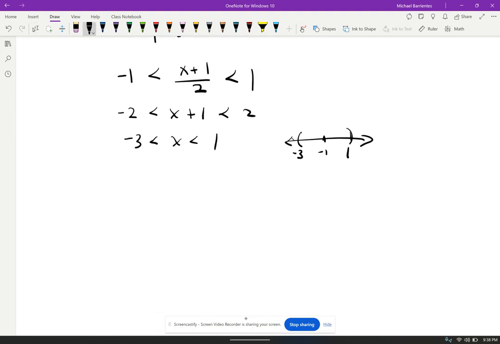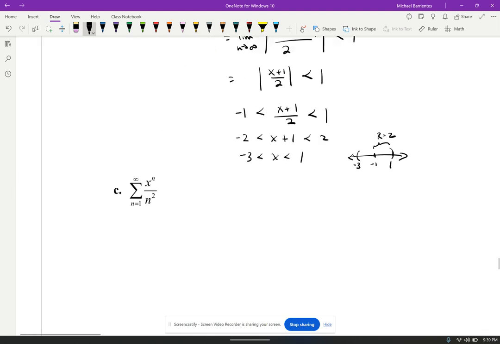Not only that, the distance between the center and one of the endpoints, whether it's this way or that way, is 2. So my radius of convergence is 2 when my center is -1. That's how I figure out how far I can go on this x-value number line to determine x values that will make it converge.